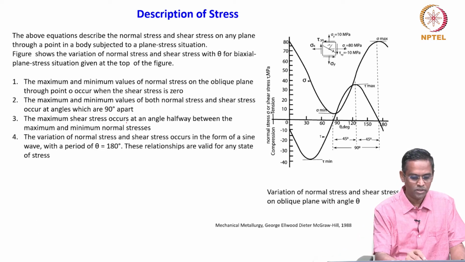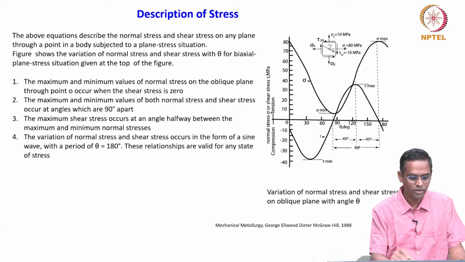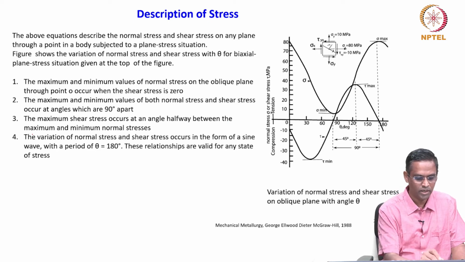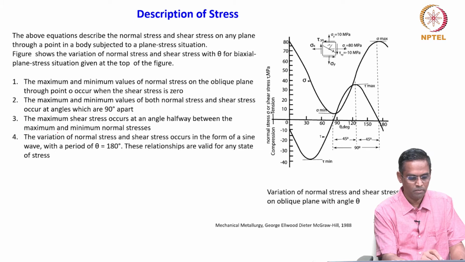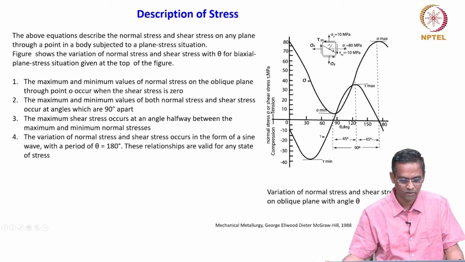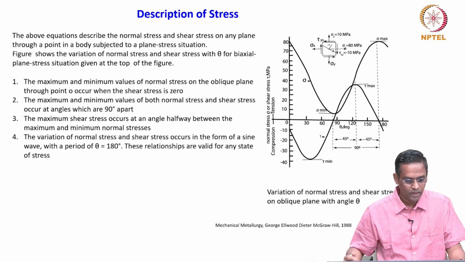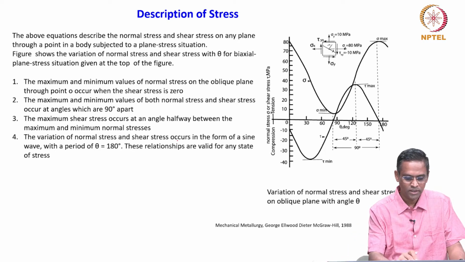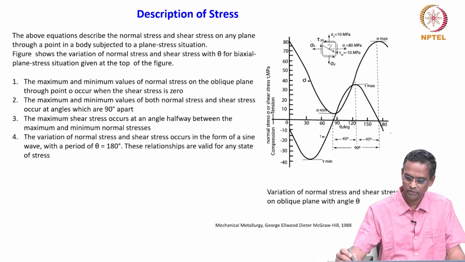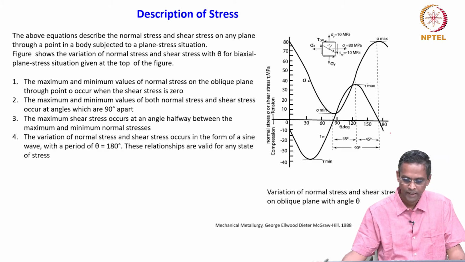The maximum shear stress occurs at an angle halfway between the maximum and minimum normal stress. There was a typo yesterday here; it was maximum and minimum normal stress. That is also shown in this image. And finally, the variation of normal stress and shear stress occurs in the form of a sine wave.